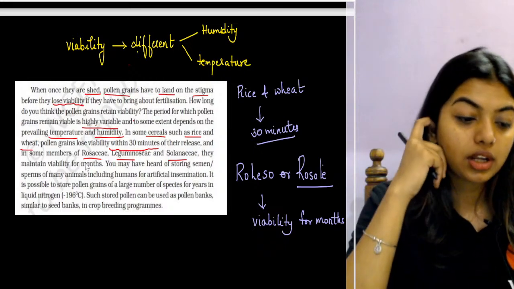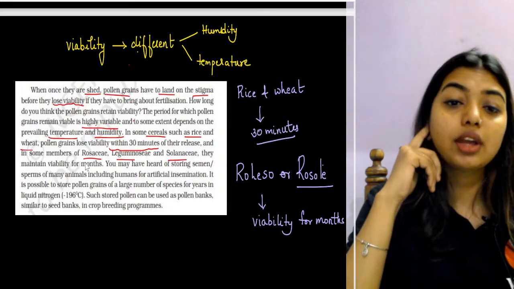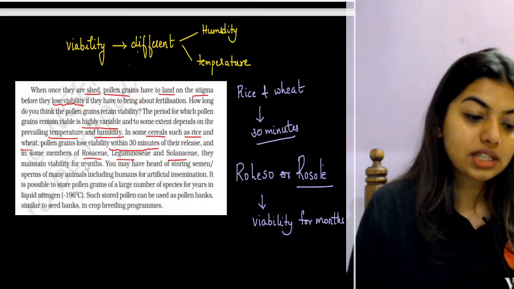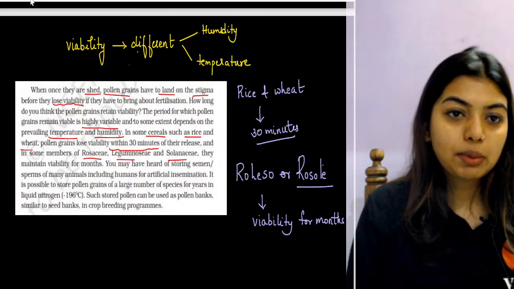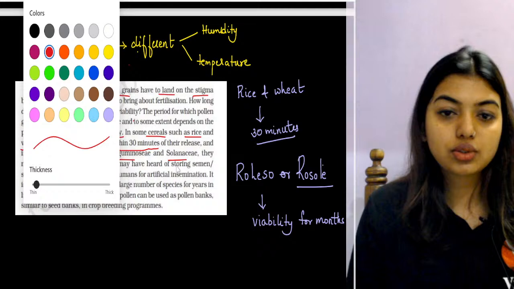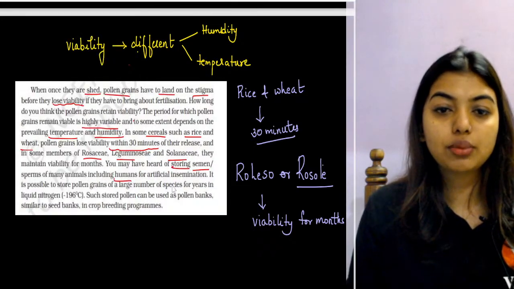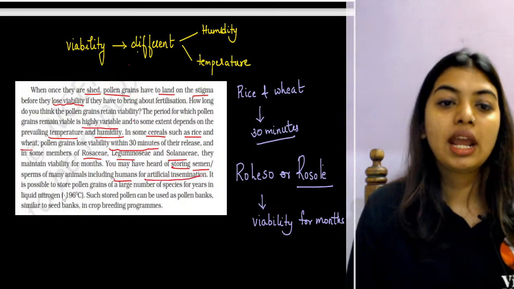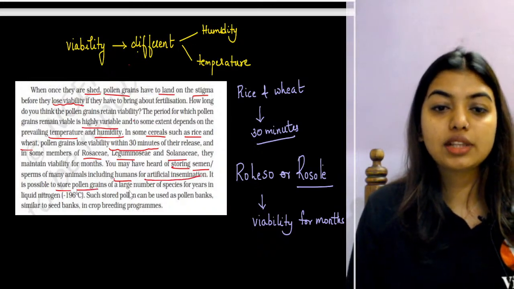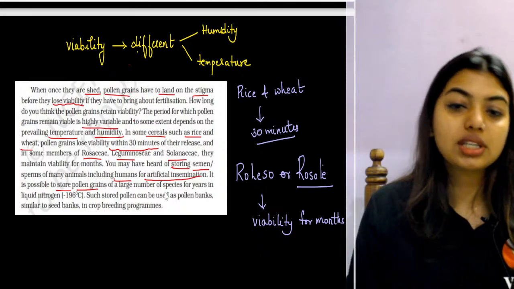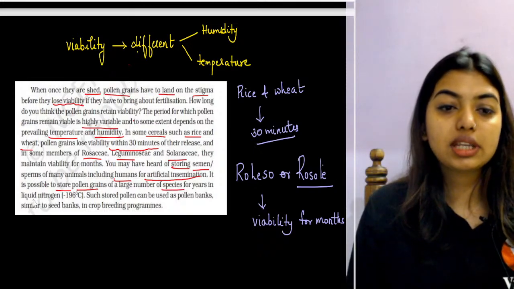You may have heard of storing semen, sperms of many animals, including humans, for artificial insemination. It is possible to store pollen grains of a large number of species for years in liquid nitrogen.